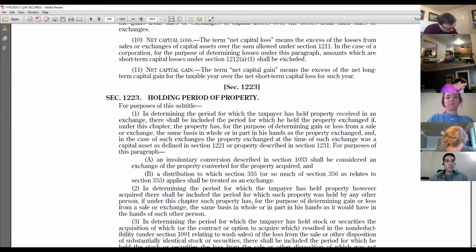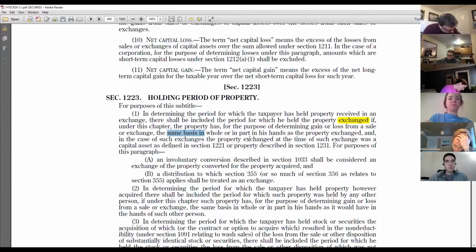Again, you could rewrite this to make it a little more clear: there shall be included the period for which he held the property relinquished. Probably a clearer way of saying that. If under this chapter, the property has, for purposes of determining gain or loss, the same basis. So here that applies. When I contribute property to a partnership and get back a partnership interest, the basis of my partnership interest is the same as the property that I gave up.